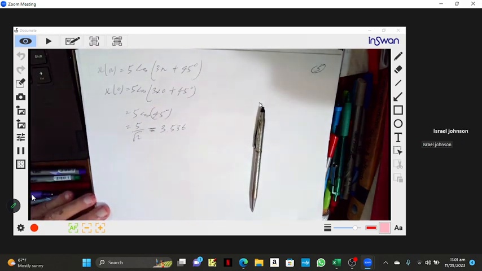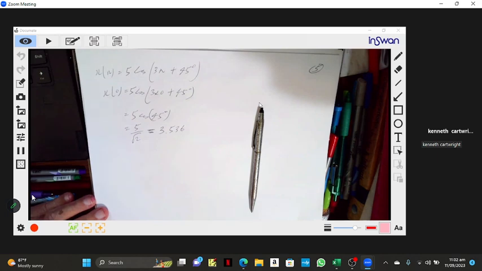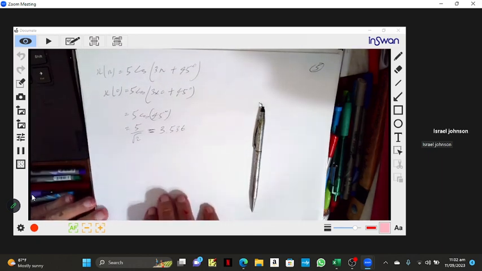You forgot a root 2 in the numerator. Excuse me? You forgot to add a root 2 in the numerator. No, I didn't. All right. What you're thinking about is root 2 divided by 2. That's not what I wrote. Root 2 divided by 2 is 1 over root 2. Yeah, I was thinking it was something different.